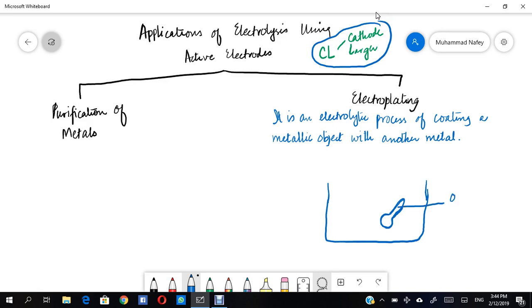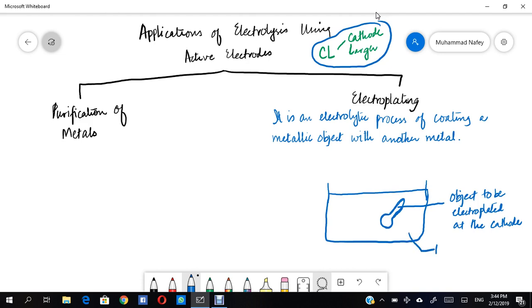So the first thing is that the object to be electroplated is at the cathode. Now I want to coat this with silver. Therefore, my electrolyte should be a salt solution of silver.